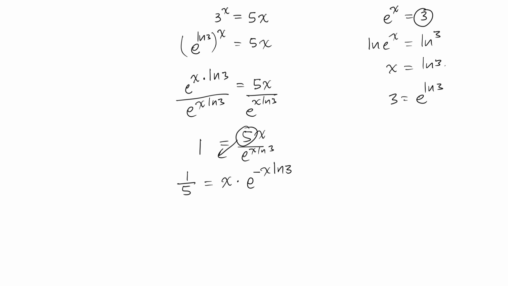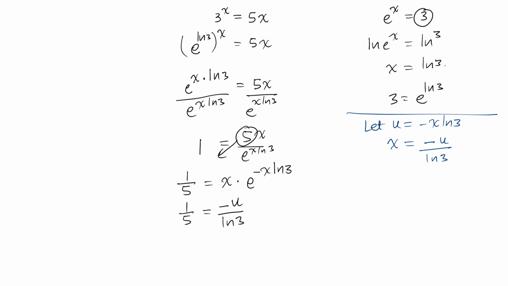Now I'm going to do some substitution. So I'm going to say let u equal minus x ln of 3. That means that x is going to equal minus u divided by ln of 3. So my equation is now going to become 1 over 5 equals minus u over ln of 3 multiplied by e to the u.